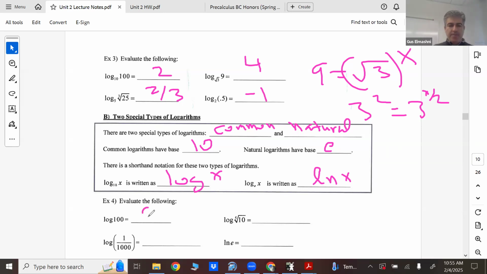That's 2. What's this one going to be? Good. That one's 1. That's pretty obvious because the base and input are the same. That one's base 10, but raised to what power? 1/5. Yeah.